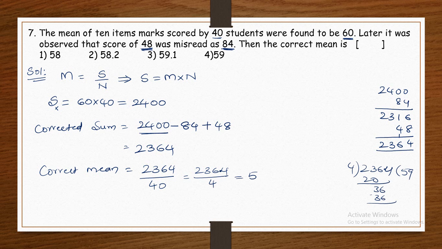So followed by, here 0 will be there, then 0.1. So the answer is 59.1. So if you want to find the corrected mean, simply you need to find the corrected sum divided by the number of observations. Based on that, on simplification, we get the answer.